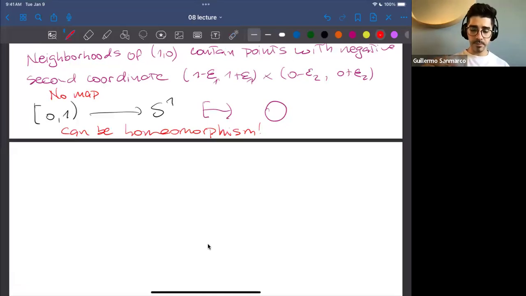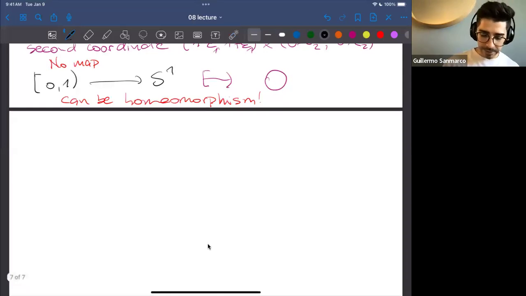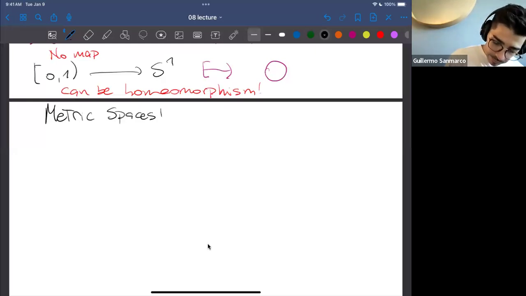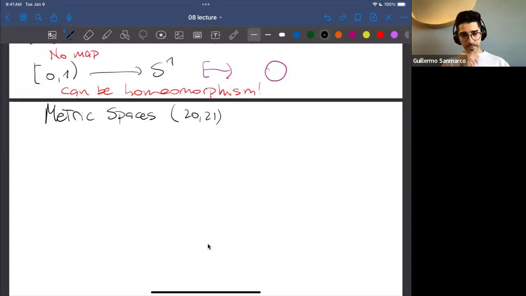Okay, so that's all I want to say about homeomorphisms for the moment. Now I want to switch to a very interesting topic, metric spaces. This is mostly based on sections 20 and 21 in Munkres.